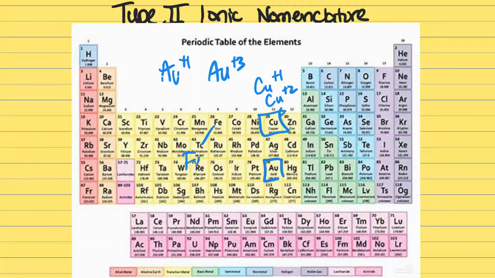So how do we determine that? How do we show the difference? With type 2 nomenclature, what we add within the names themselves are Roman numerals. The Roman numerals illustrate the charge, or the oxidation state, of the metal.